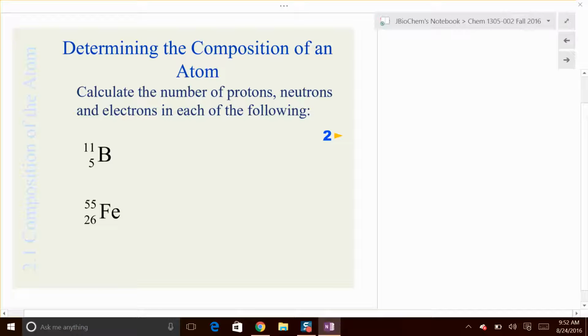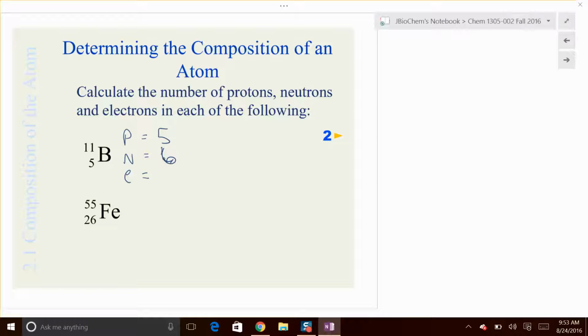Calculate the number of protons, neutrons, and electrons in each of these. So boron 11 has how many, what are we starting with? Protons, neutrons, electrons. How many protons? 5. Neutrons, electrons. Is there a charge on it? What does that mean? It has the same number of protons as it does electrons.